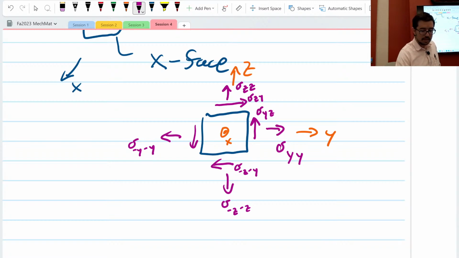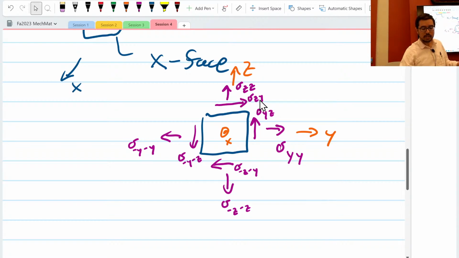And this one over here is on the negative Y face in the minus Z direction. Did I do that right? I probably messed it up somewhere. What did I mess up, Raj? This one?